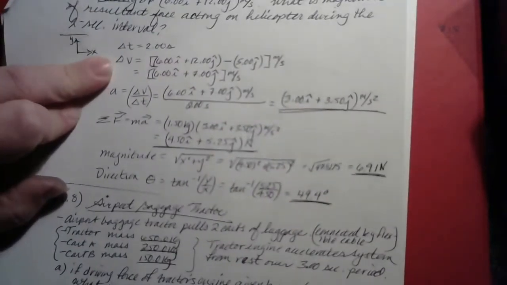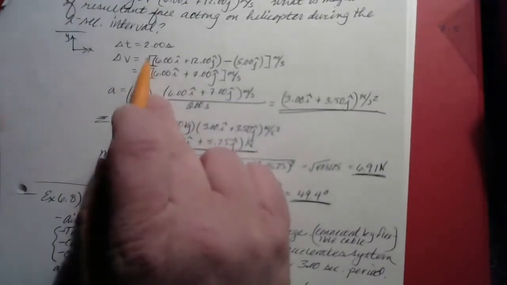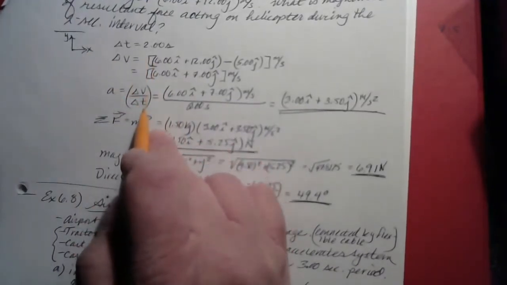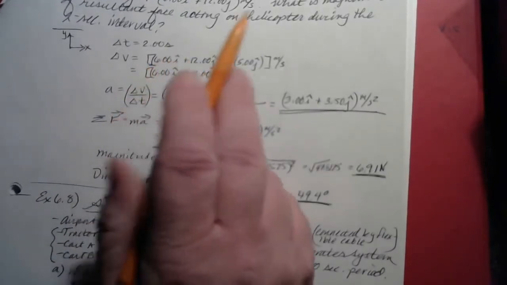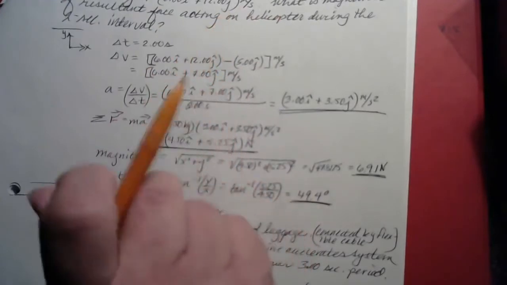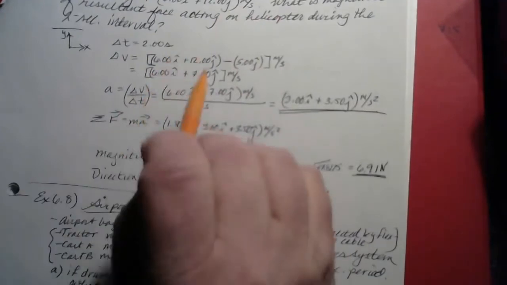Okay, first we have to find the average acceleration for the period, and that is delta v over delta t. Remember the velocity was given in vector terms, so it's not just a matter of subtracting numbers. We have to do a vector subtraction here.